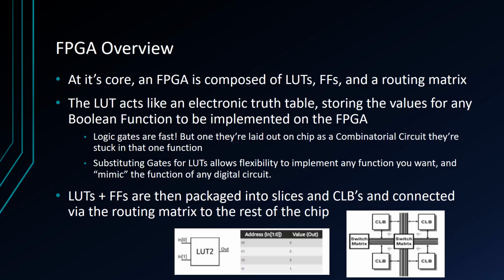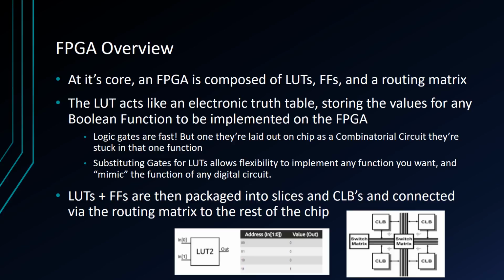At its core, an FPGA is composed of lookup tables, flip-flops, and a routing matrix. The lookup table essentially acts like an electronic truth table, storing the values of any Boolean function that you want to implement on the FPGA.